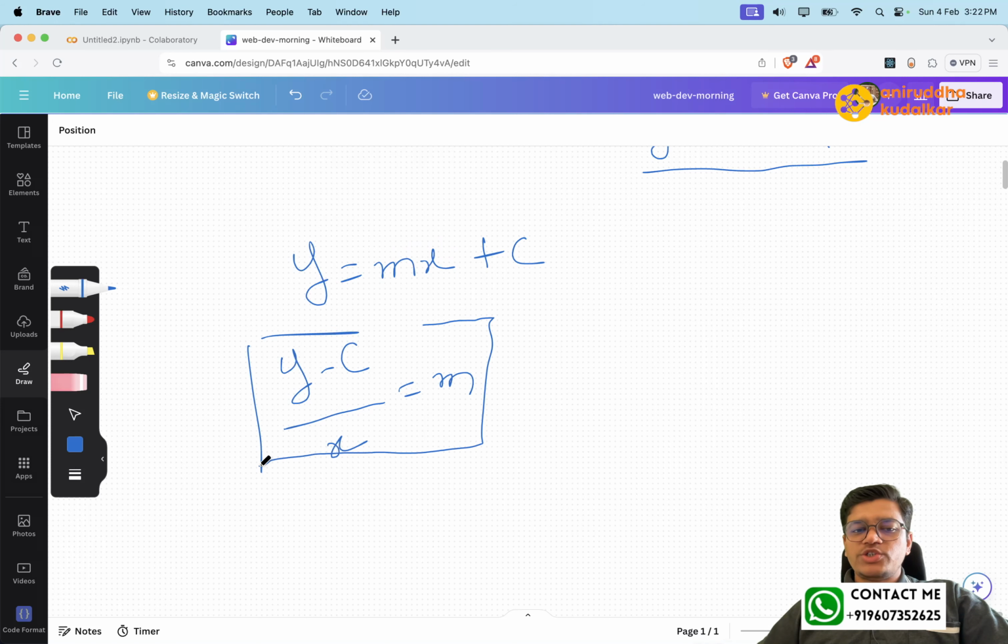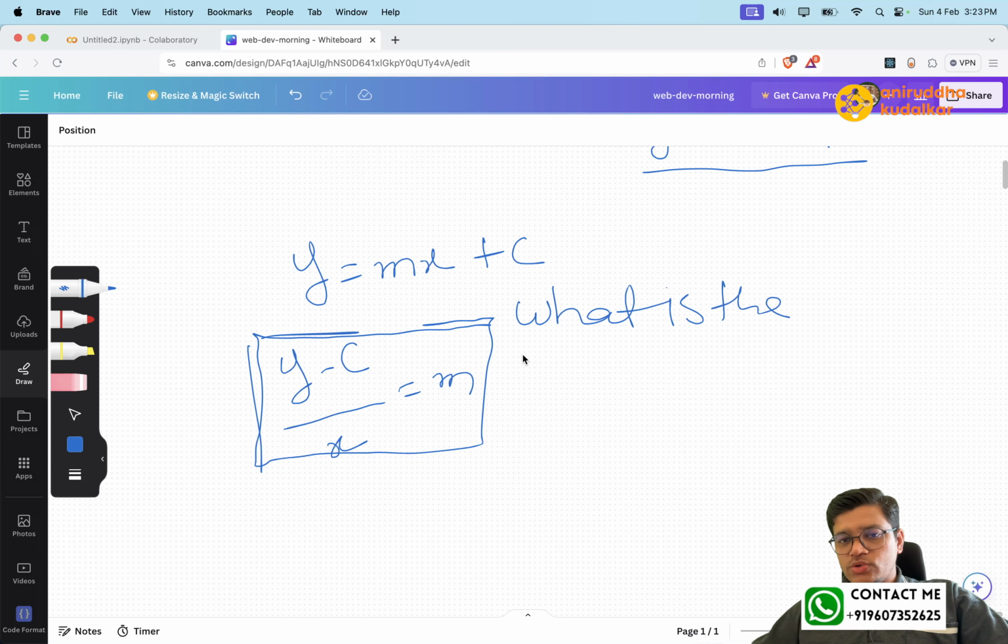Now my question to you is, how do you draw a vertical line? If you want to draw a vertical line, what exactly will you do? And the next question is, what is the slope of a vertical line?